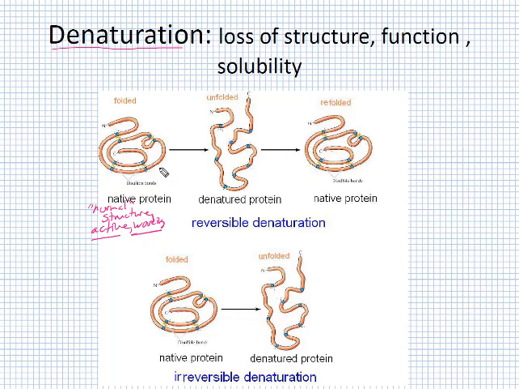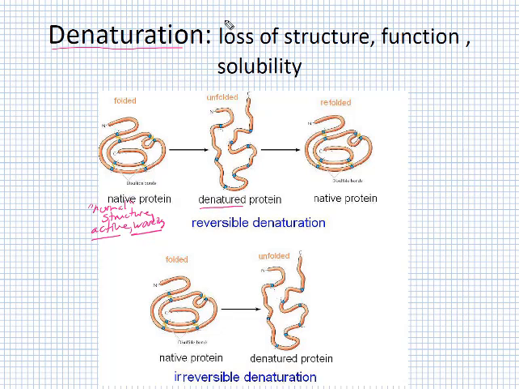Engineering and design, but also in biochemistry, we talk about form follows function, or function follows form. If it doesn't have the right form, it's not going to have the right function. So if you disrupt this normal native folding state and you kind of unravel it, it's denatured. So this denatured is not normal.